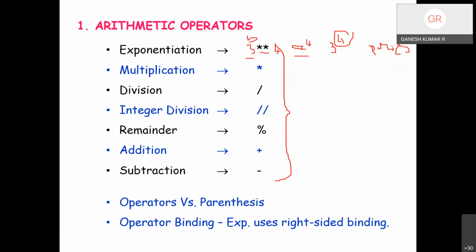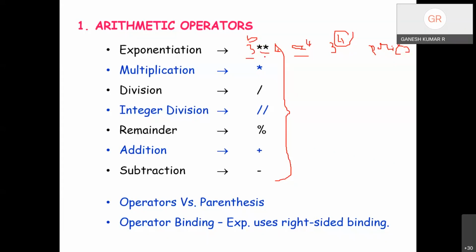As I said, in classical mathematics, we use the notation called superscript to represent the power operator. Python uses double asterisk to manipulate the exponentiation operator.